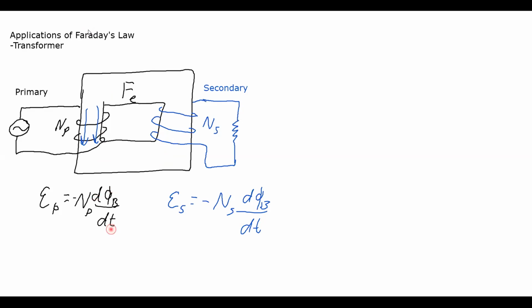So the change in flux over time for my primary is the same as for my secondary. If these two are equal, I can set up a ratio. Let me divide this equation by this equation, dividing EP by ES, and that's going to give me NP over NS.